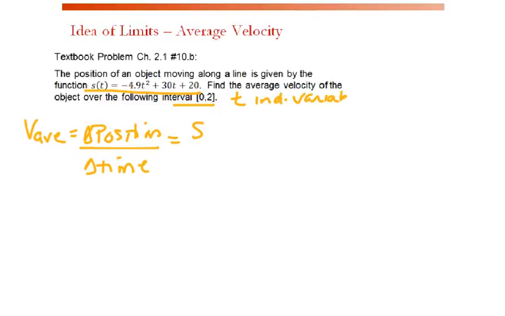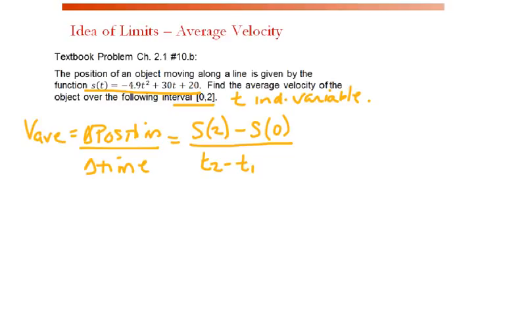So I want to look at the average velocity between time 0 and time 2. So I'm going to evaluate s of 2, which is the position at time t equals 2, minus the position at time equals 0. And that's the change in position. That's your numerator. Your denominator, or change in time, is t2 minus t1, which in this case t1 is 0 and t2 is 2.